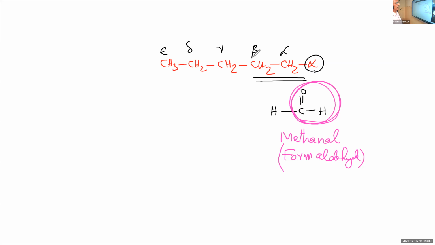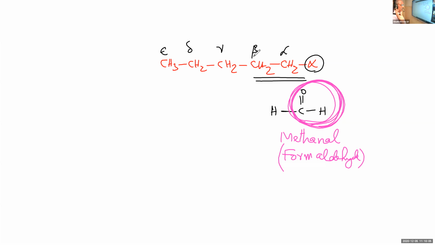How many alpha carbons are there here? Tell me. Is there any alpha carbon in this compound? Okay, Achyut, the CHO group is the functional group. Agreed?